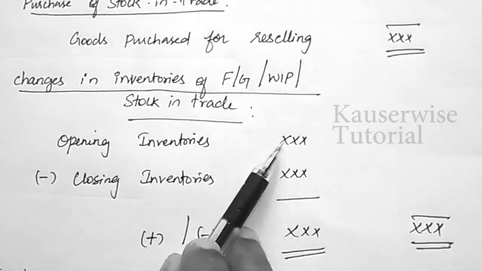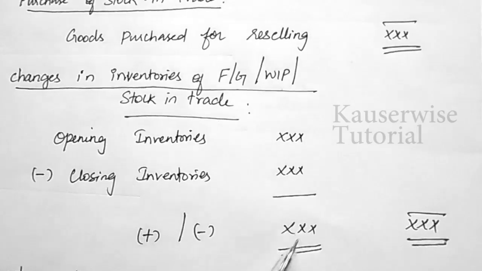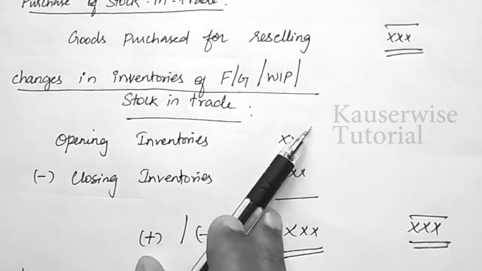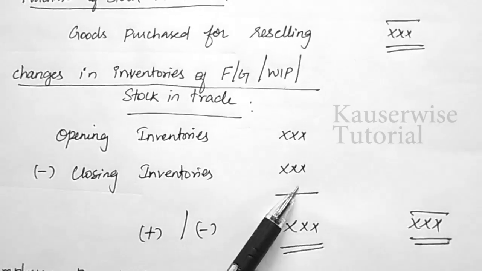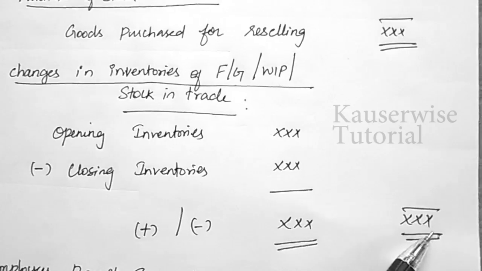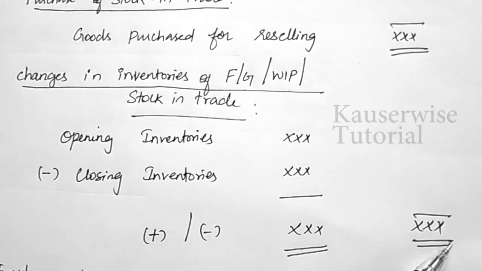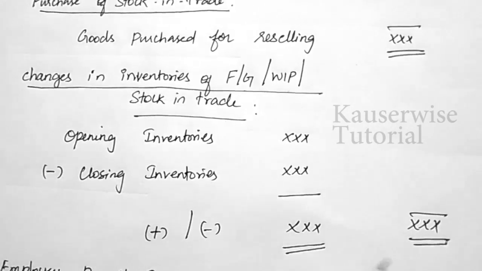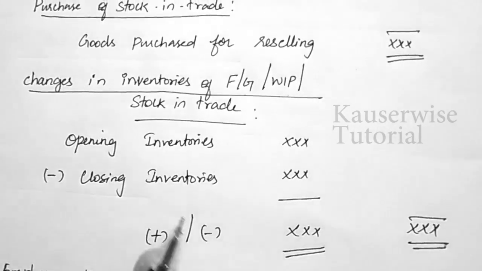If the opening inventory is greater than the closing inventory, you will have a positive value, that will be recorded in the outer column. If your opening inventory is lesser than the closing inventory, you will get a negative value, that will be recorded in the outer column. So whether it is positive or negative, that will be shown in the statement of profit and loss. According to the value, you can add or subtract.